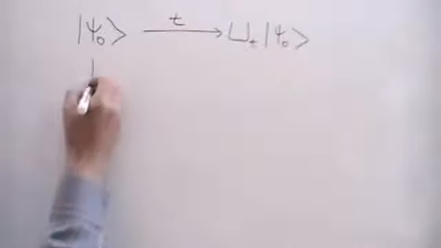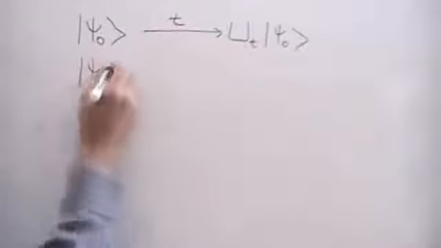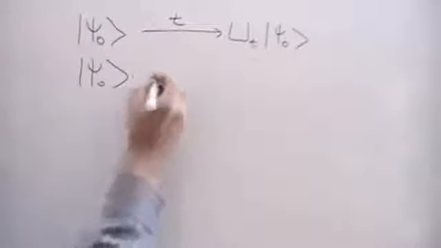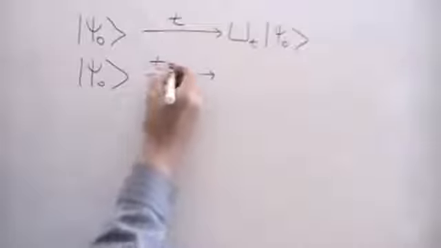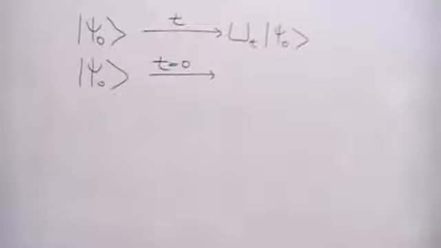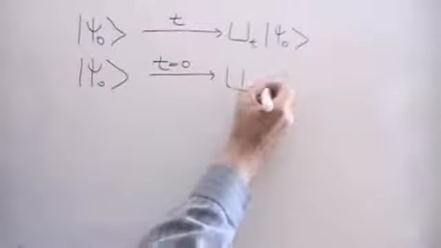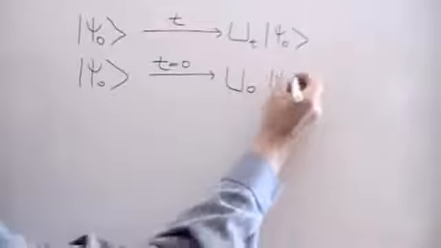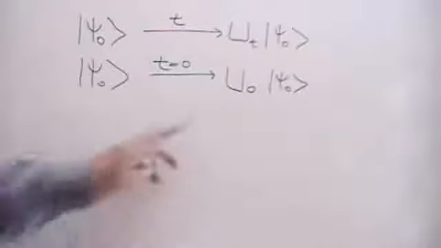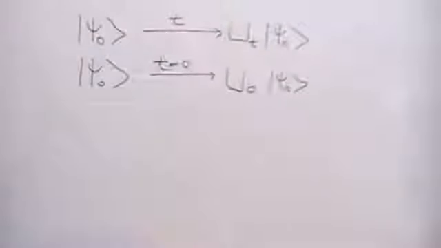But let's just think about this. By the same argument, if we take our state and we operate it over time t equals 0, that is to say we don't let any time pass at all, then that will evolve into U_0 psi 0, where U_0 is what happens if you don't let any time go past at all.